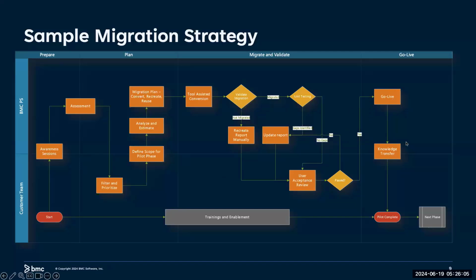Once we go live, if there is an external team involved, a BMC PS or a partner, then they'll need to do a knowledge transfer: how this migration was achieved, what the learnings were, and what some of the tricky parts were which you may need to know if you are doing something later on your own. This will end the pilot phase, and then the learnings and whatever we have done can be applied to the next phase, which is the next set of priority reports.